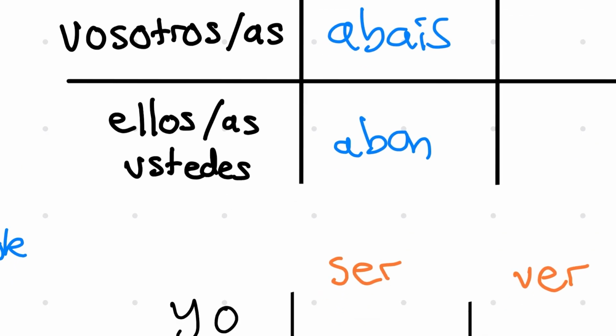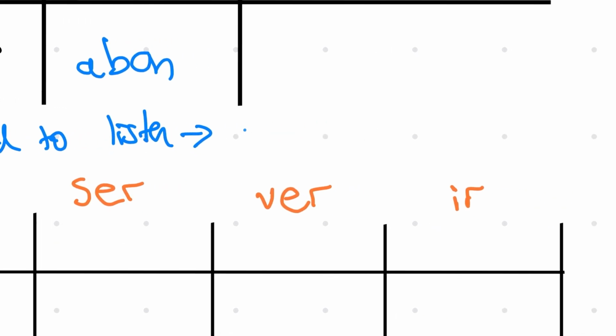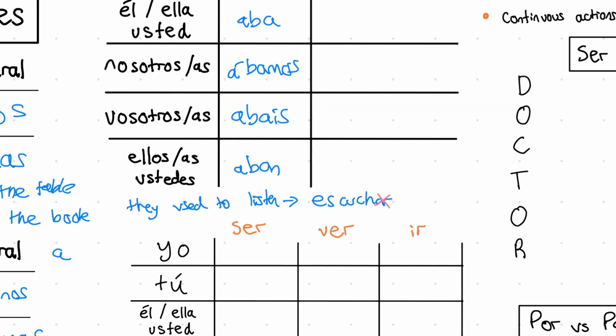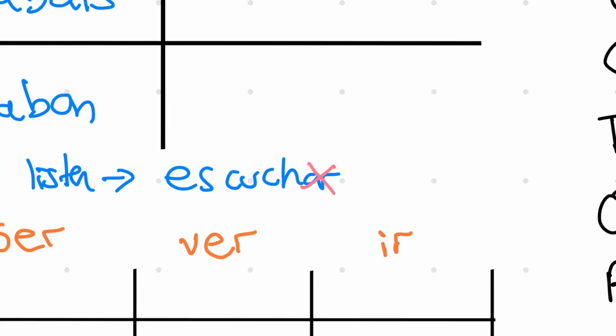So to practice what that would look like, if I wanted to say they used to listen, using the verb escuchar for listen, we write the infinitive, escuchar, we can cross out the AR at the end, and for they, the used to is the imperfect tense here, so for they is the bottom one here, aban, so escuchaban.